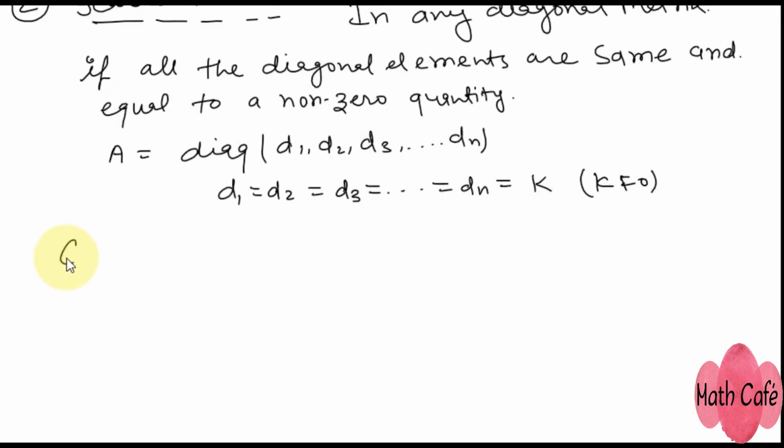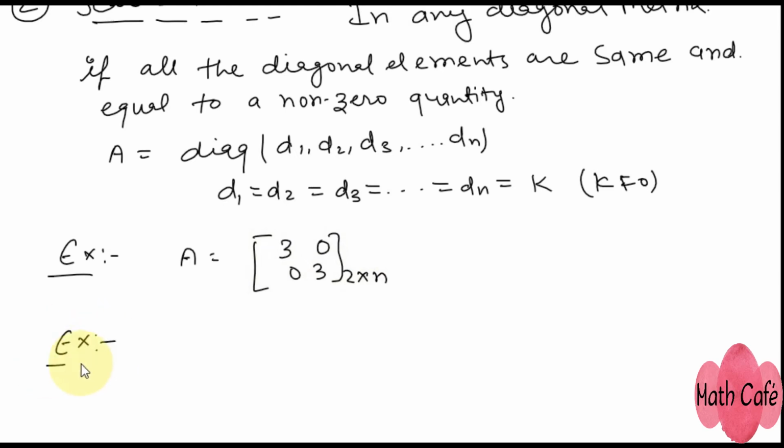All right, so let's take an example. If any matrix is represented by 3 0 0 3, so this is a 2 cross 2 diagonal matrix, but this is a scalar matrix because all the diagonal elements are same and non-zero. Let's take another example of scalar matrix.